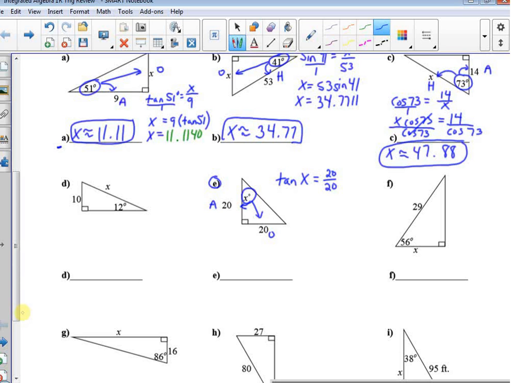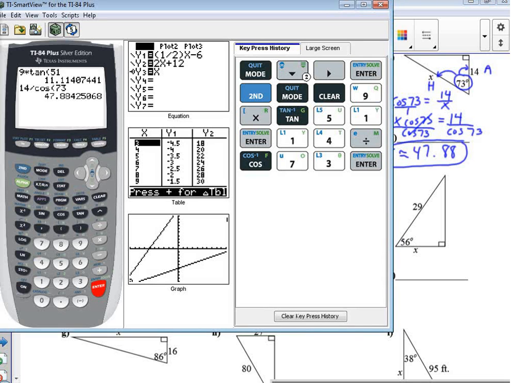Now, to solve this, you want to go second tan on your calculator. And then you want to put in 20 divided by 20 and see what comes up. And that is the measure of your angle x. So angle x would be what? So let's take a look. So I'm going to go second tan. And it's expecting something.